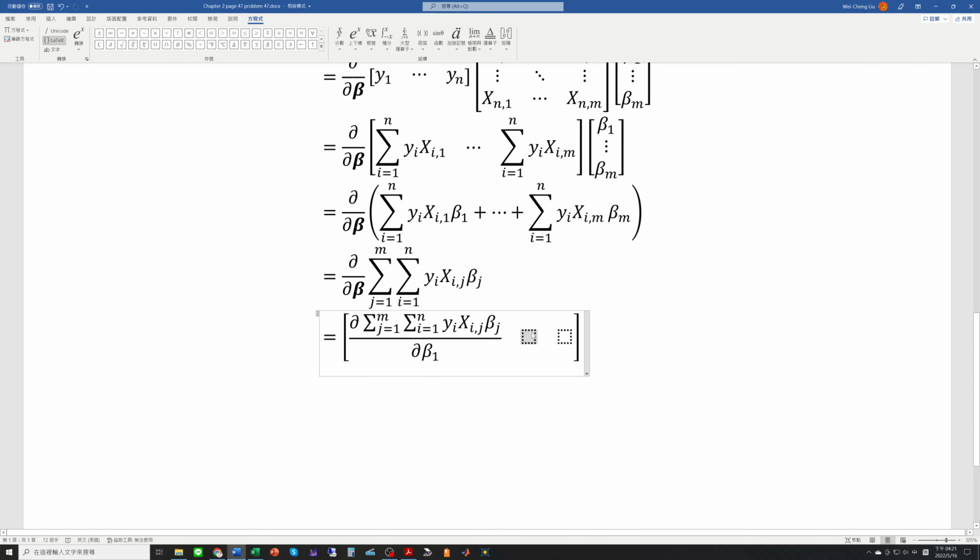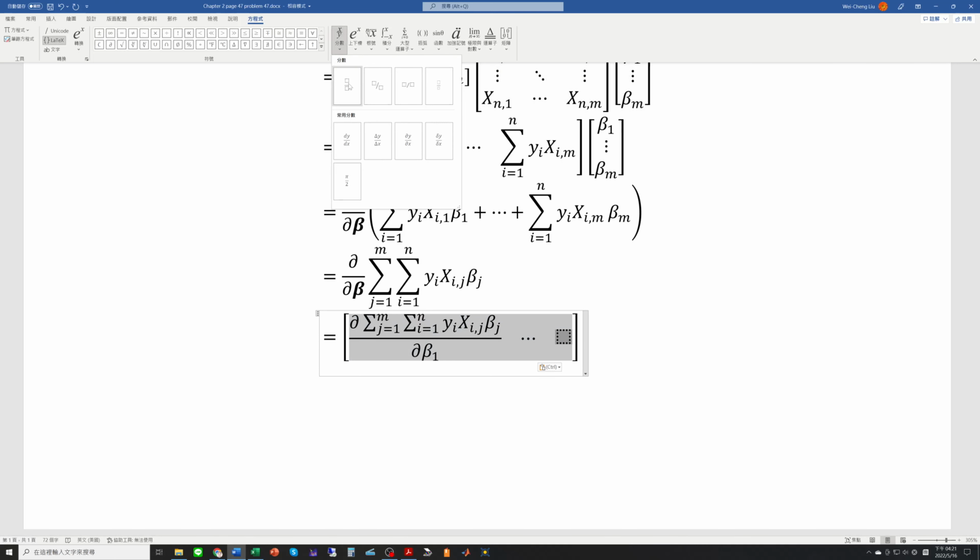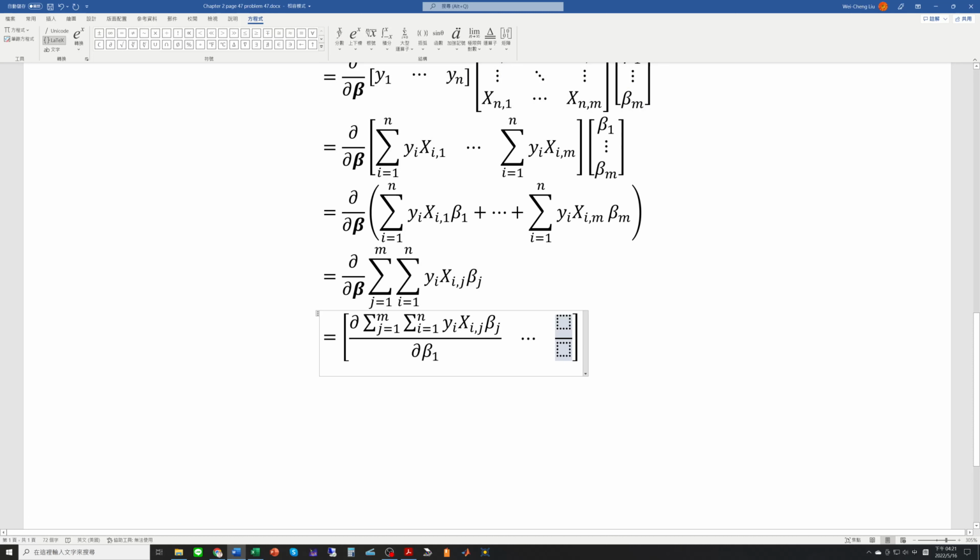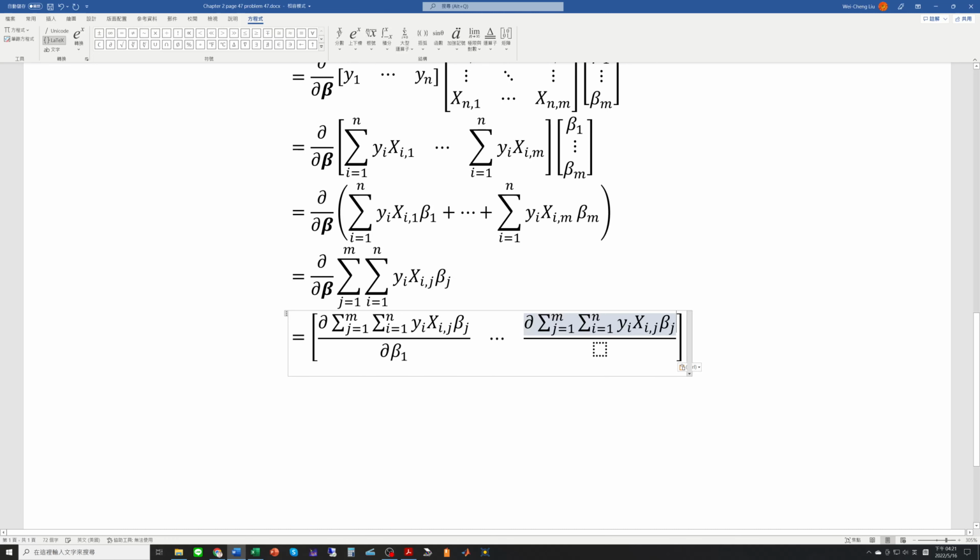We place dots here. Then the final element of this vector is also a fraction, and the numerator is the same as the first element, and the denominator is partial beta m, because there are totally m elements in the vector beta.